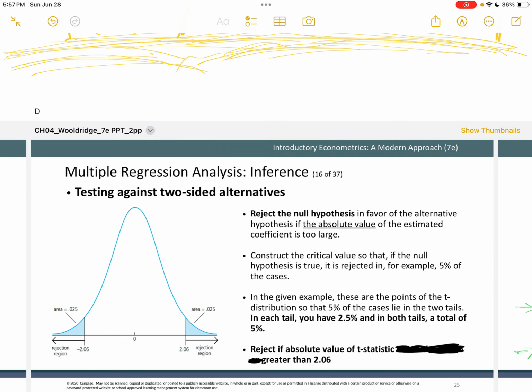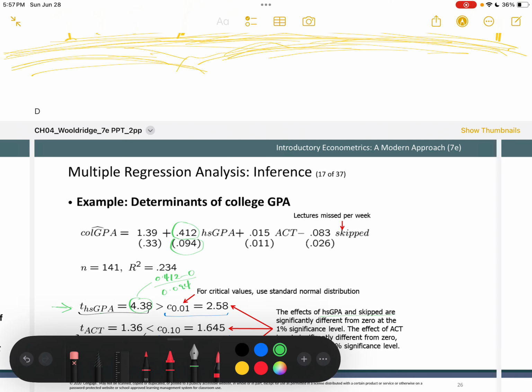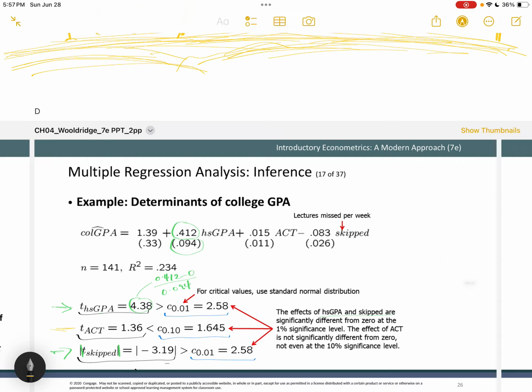It looks like they are all two-sided tests. Yeah, they should all be, since that's what we're working on. Now, for this middle one, you can see that the calculated t statistic is less than the critical value at 10%.